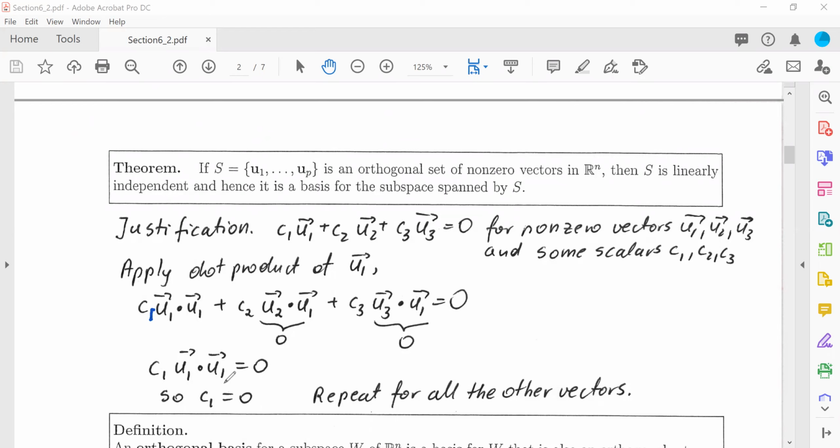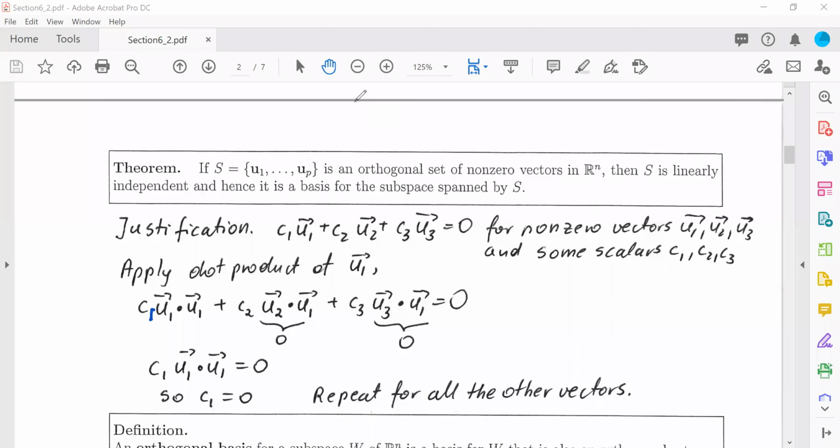And as I said, because we have non-zero vectors, the dot product of a vector with itself cannot be 0, because the dot product is 0 only if the vector is 0. So in order for this whole thing to be 0, with this non-zero, C1 must be 0. Once we have the first one 0, we repeat the same process for all the other vectors.